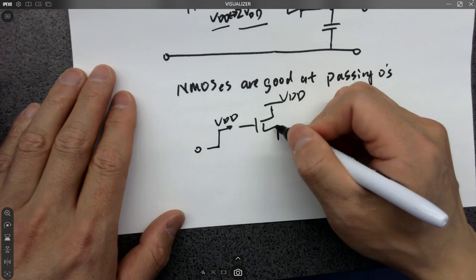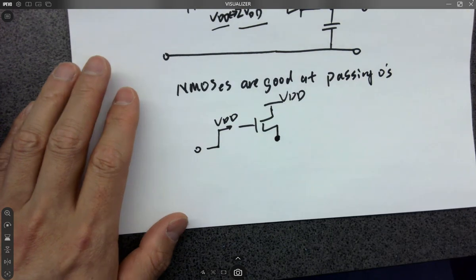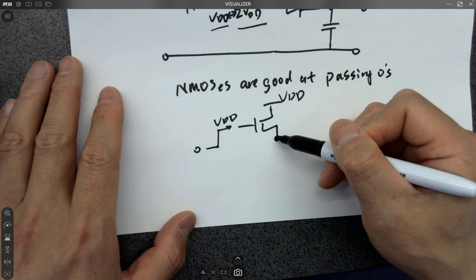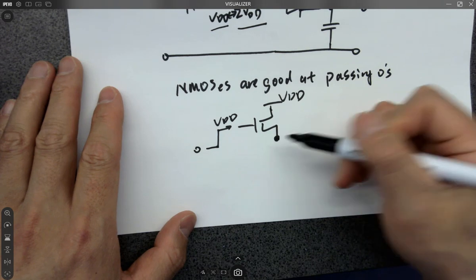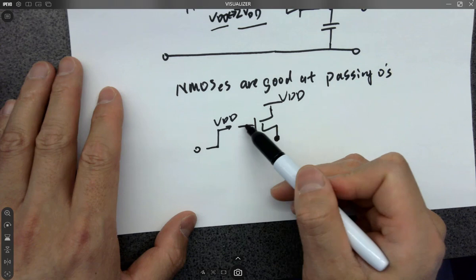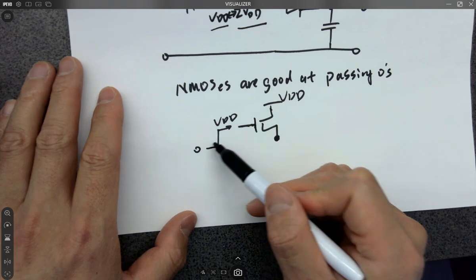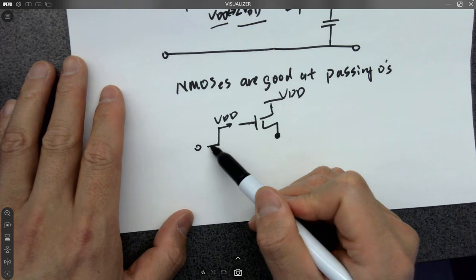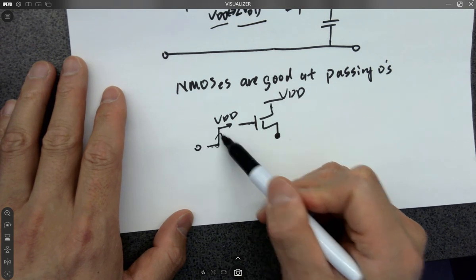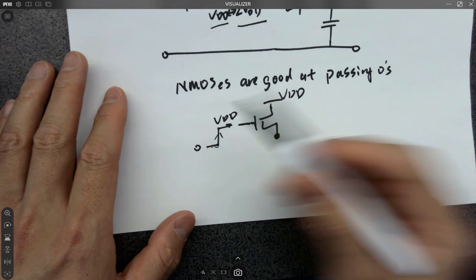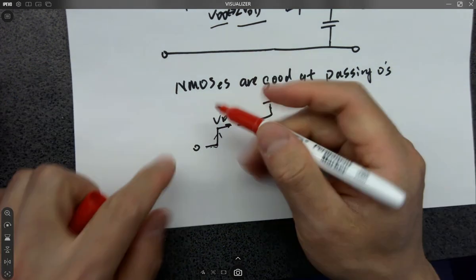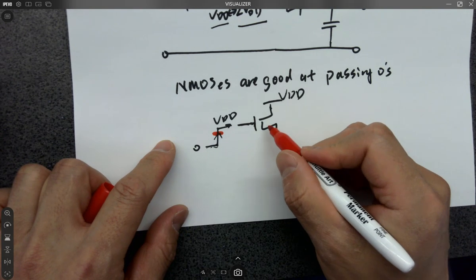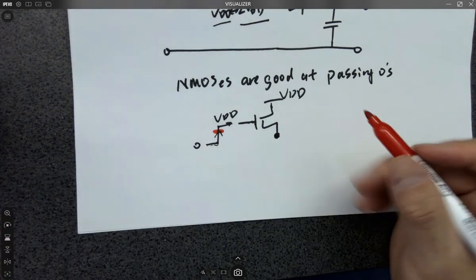What you're expecting at this node, like a passing gate: if it's trying to pass VDD to this point, are you able to pass the entire VDD to this point? Whenever we turn on the gate for the NMOS, it's a digital circuit, okay? It was 0, and now it's trying to turn on, so this rising edge goes up to VDD.